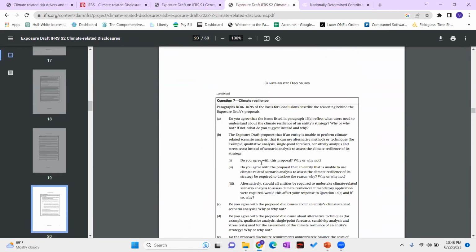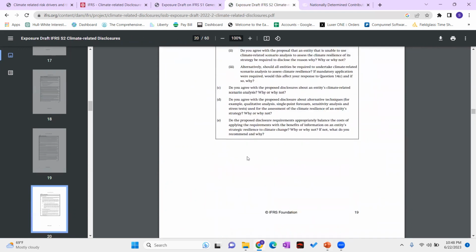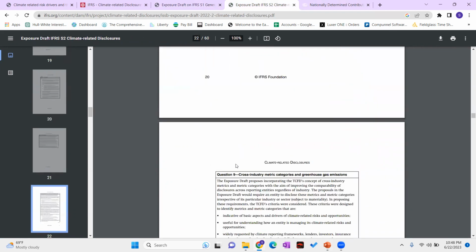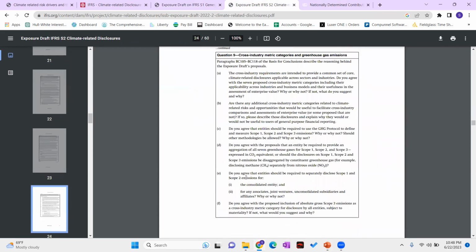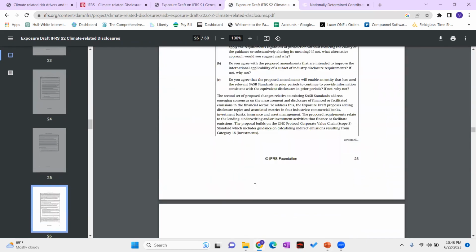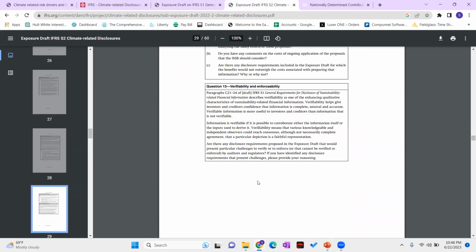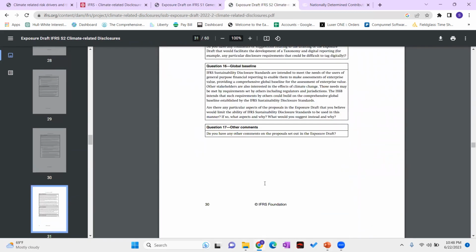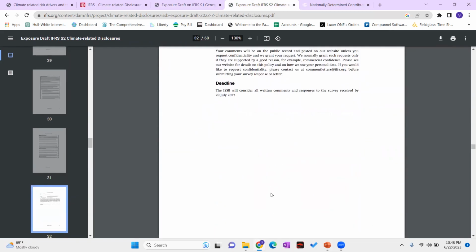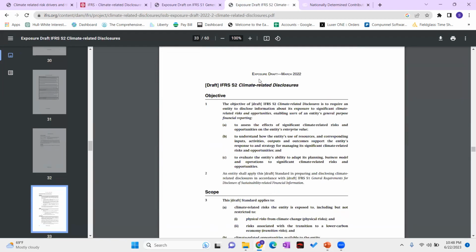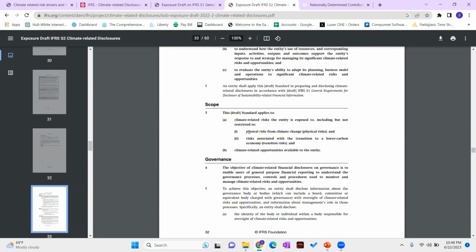They're actually asking for suggestions. Do you agree with these points? Do you agree with the deadline? And there was a survey that was conducted among different participants. The scope is climate related risk that entities are exposed to, including but not restricted to physical risks, right?